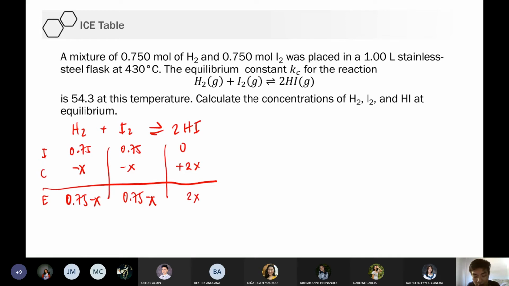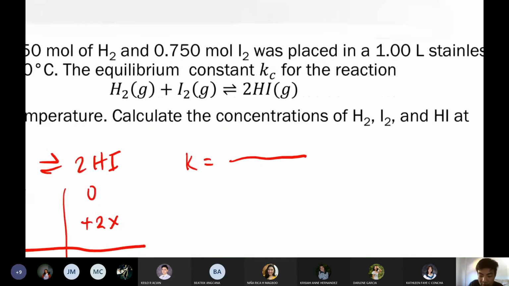What's next is that you plug your equilibrium expressions into the equilibrium constant K. Let's write down the K first. For this equation, K is written as the concentration of HI squared, divided by the concentration of H2 and the concentration of I2.